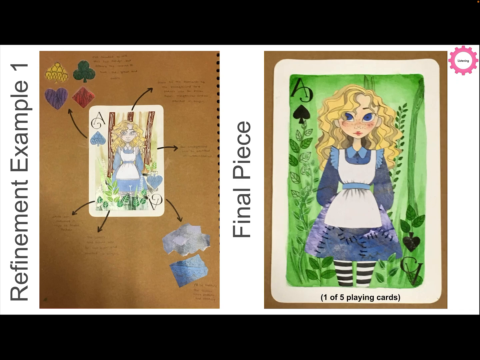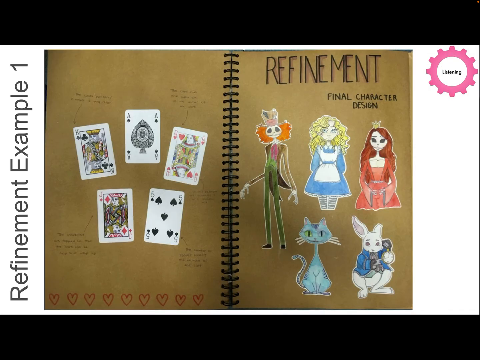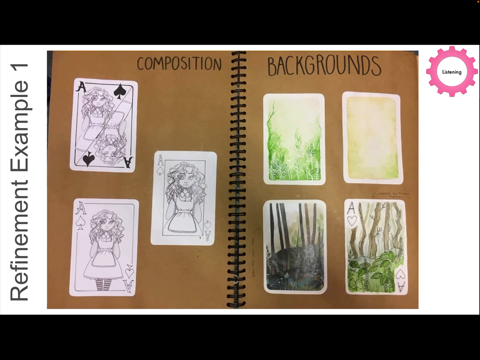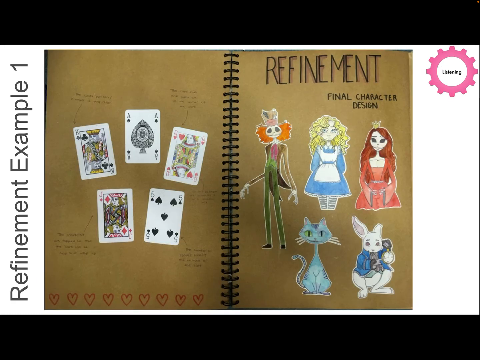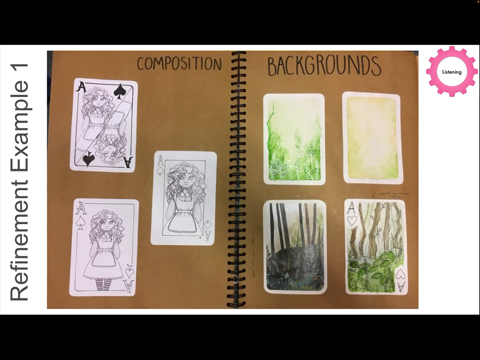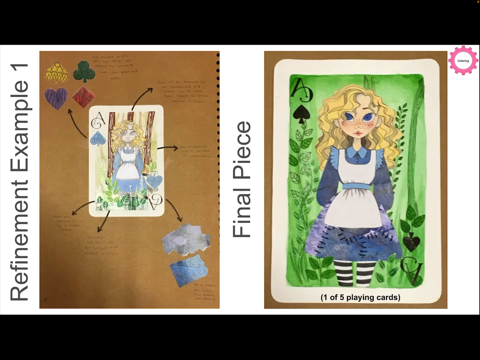This is probably the best example on this image here of the final plan, and on the right hand side the final piece itself. So this one here goes from the final character designs through to the composition and some backgrounds, through to the final plan and the final piece.